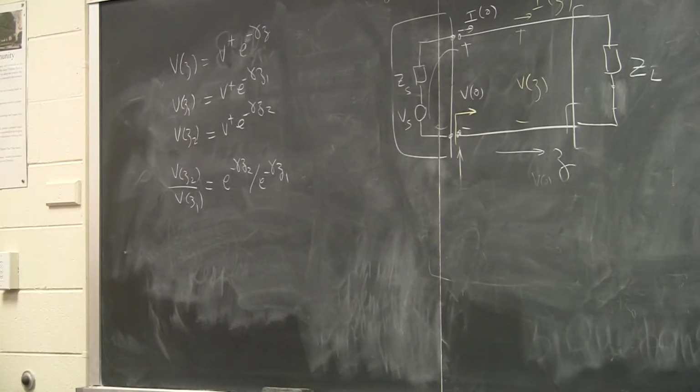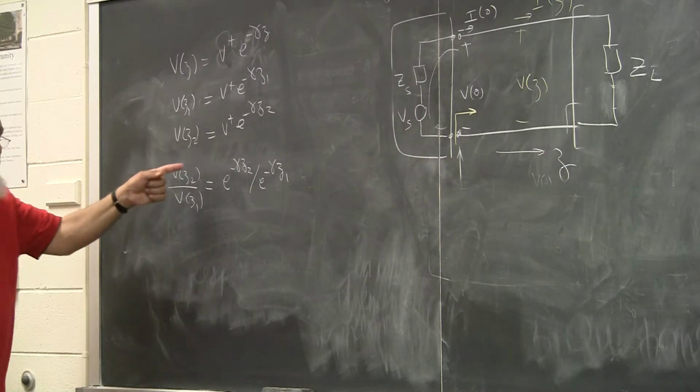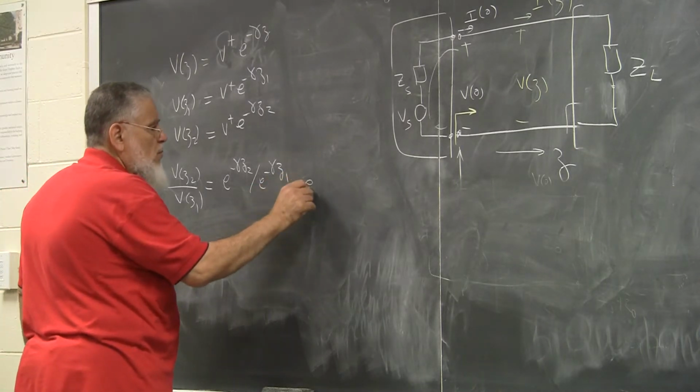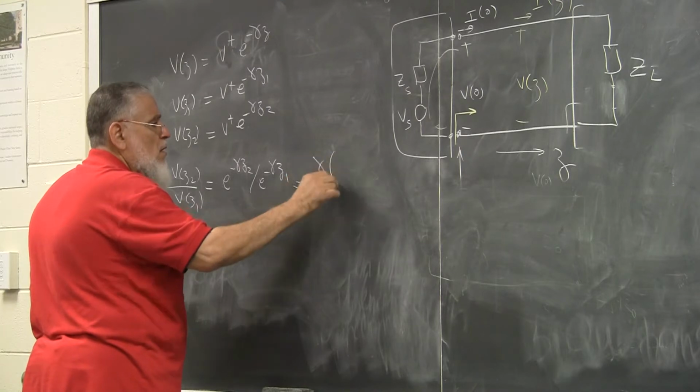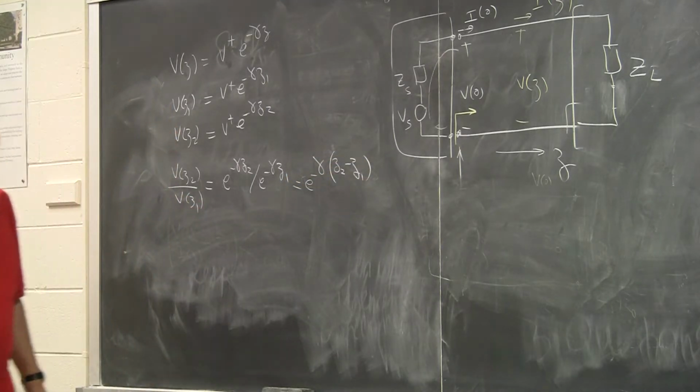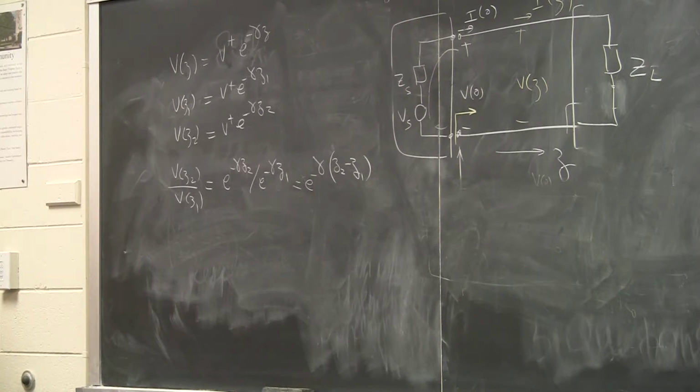It's very useful to have this relationship because it tells you what your signal is like at some location relative to other locations. That kind of formulation is very useful, and we use it all the time. So it's e to the minus gamma (Z2 minus Z1). So the distance here, Z2 minus Z1, is important.